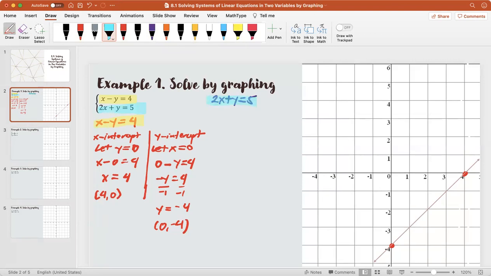We can also make use of the intercepts here, or we can use another method. The x-intercept is not an integer, right? But let's see if we use that x-intercept. Why not? As long as we can plot the intercepts accurately. 2.5 or something like 3.5 can be plotted accurately, right? Because you know it's in the middle.